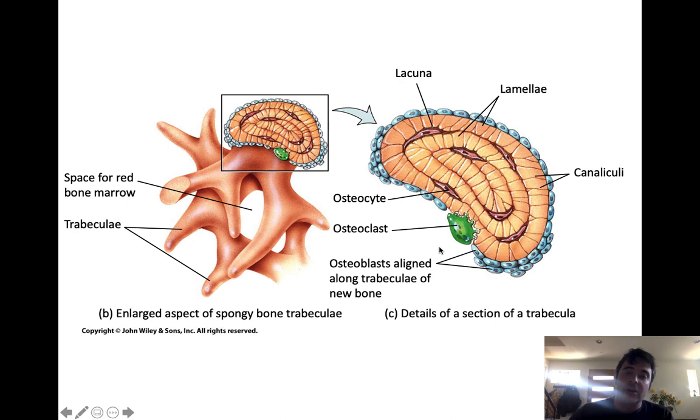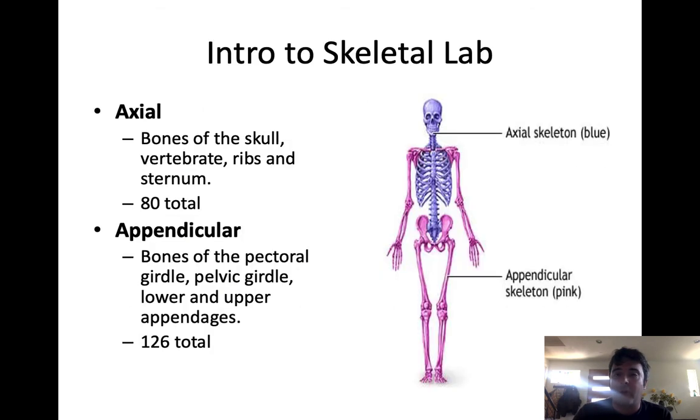The formation and breakdown of bone is called bone remodeling. Now, one of the questions that's asked of you is about estrogen and testosterone. I encourage you to look at that independently and figure out how estrogen and testosterone influence this process of bone remodeling to answer that question.